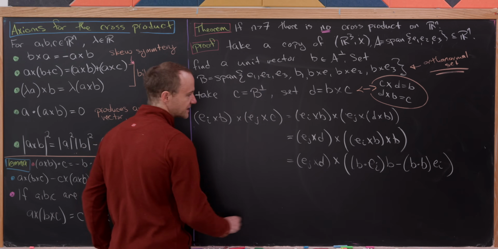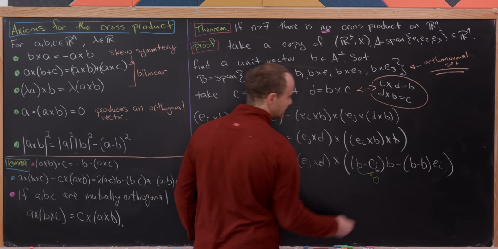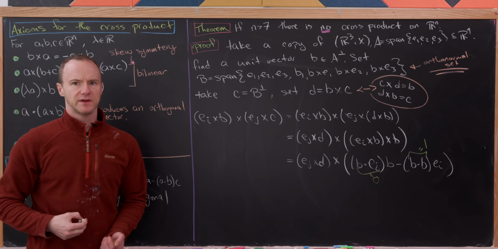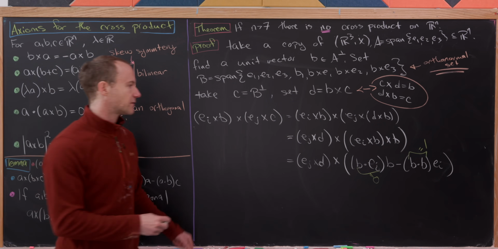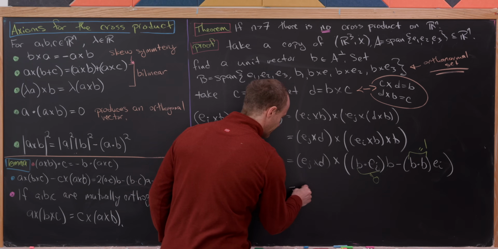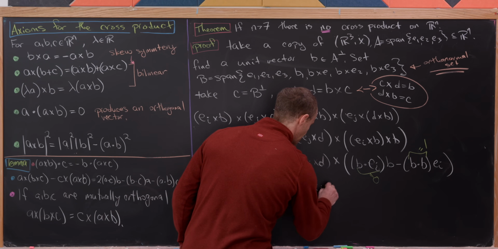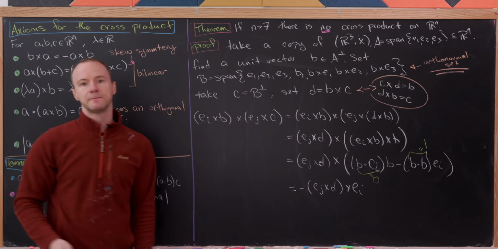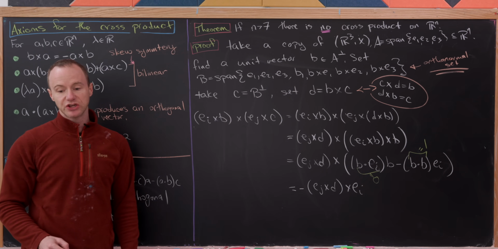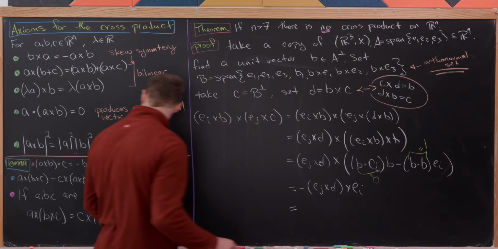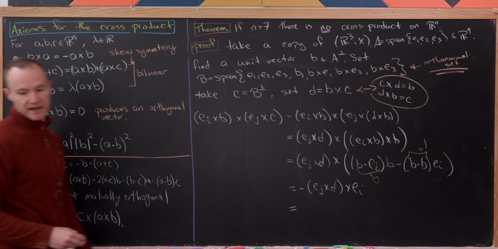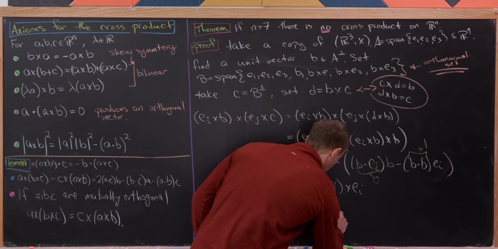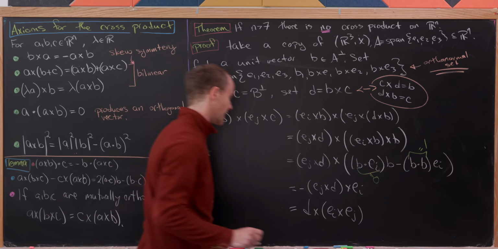But now here we'll use the fact that B dot EI is equal to 0 because those are orthogonal, and B dot B is equal to 1 because that's a unit vector. Then we can bring out this minus sign and we're left with minus EJ cross D, and then that's going to be crossed into EI. But then we can apply skew symmetry here as well as this rule over here to get us to D cross EI cross EJ.